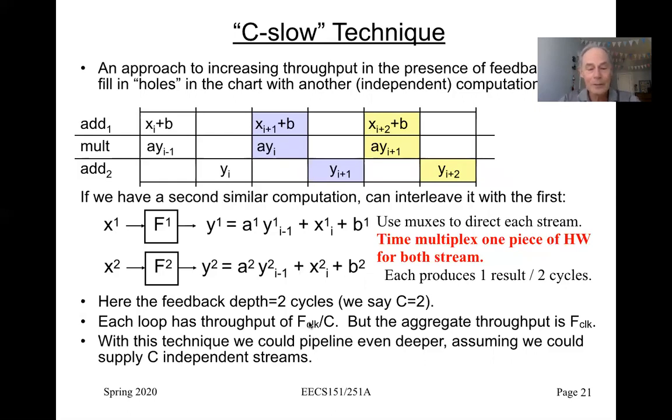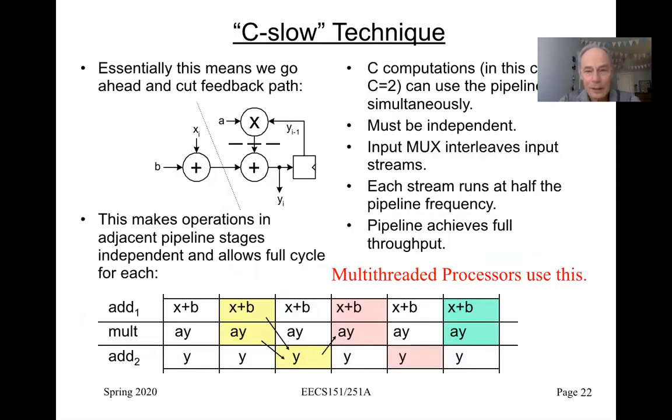So with this technique, we can pipeline computations that have loop carry dependence, assuming we can supply C independent streams. Essentially, this means we could go ahead and cut the feedback, as I said, and map the 2 different computations.